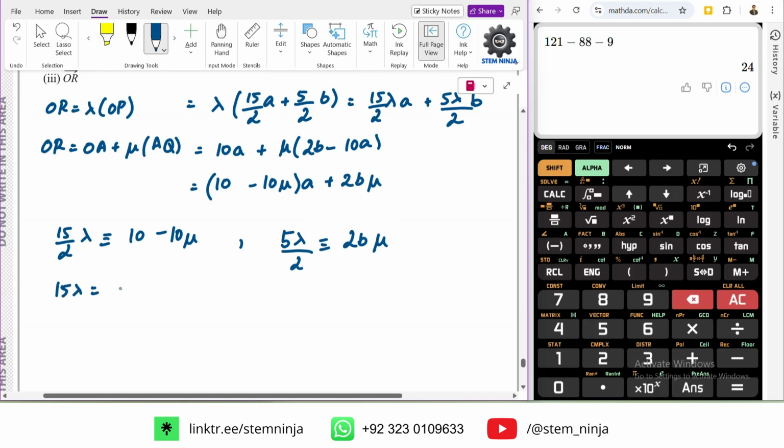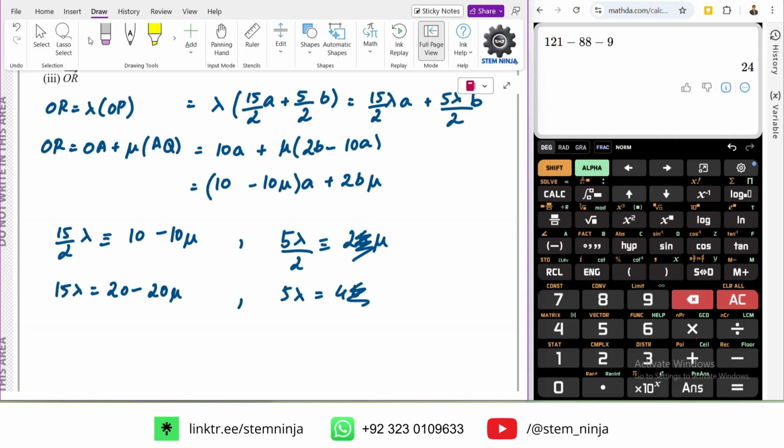So 15 lambda is equal to 20 minus 20 mu, and 5 lambda is equal to 4 mu. Right, okay, so if 5 lambda is 4 mu, then 15 lambda is going to be, times by 3, 12 mu.